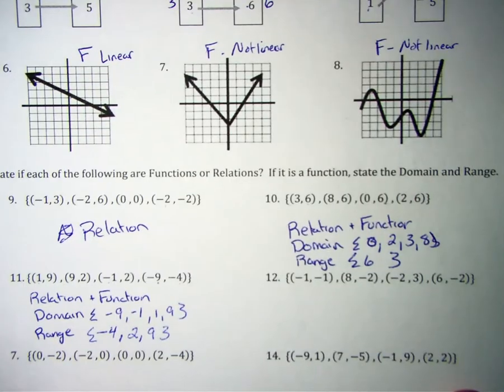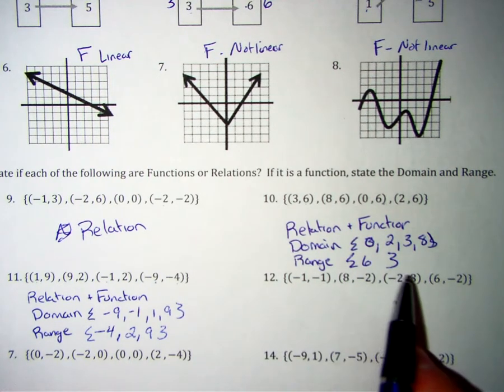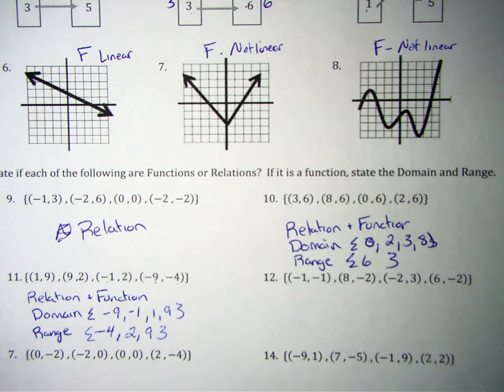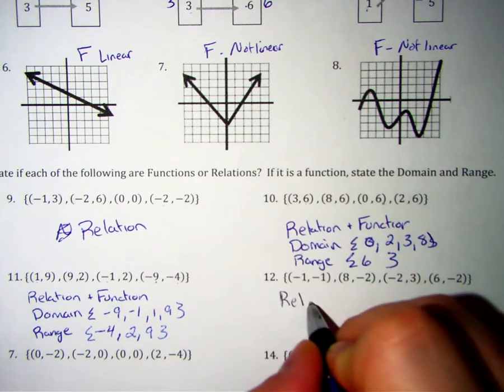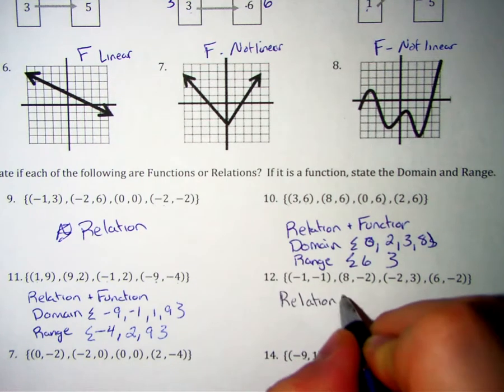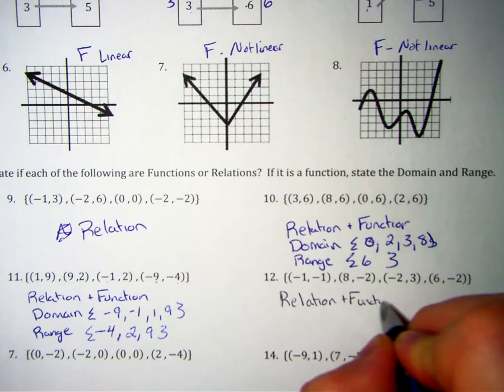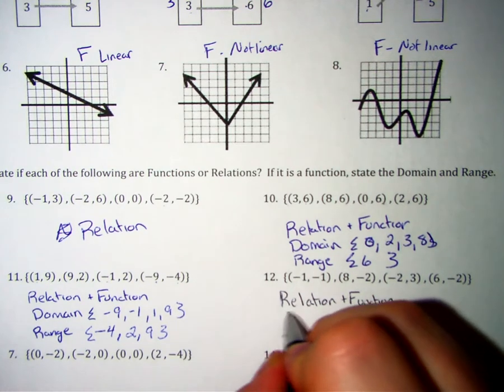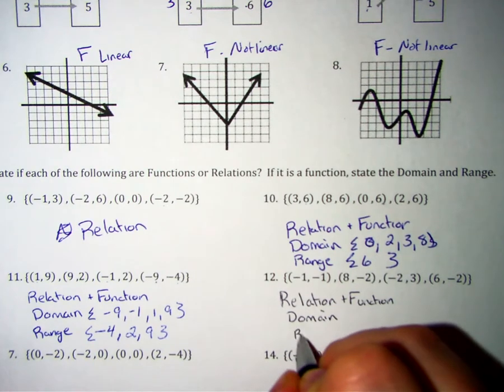Problem number 12. We have -1, 8, -2, and 6. There are no repeating x values, so again we have a relation and a function. So I need to find my domain and my range.